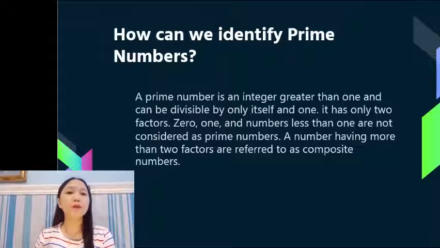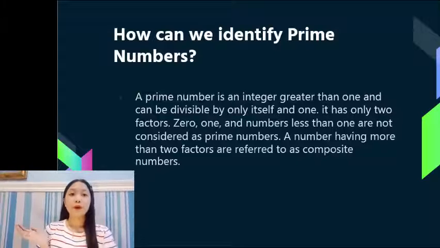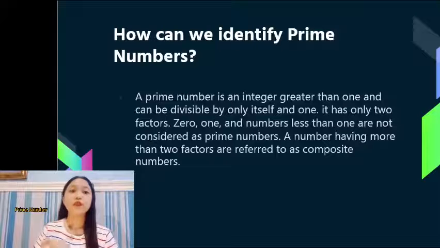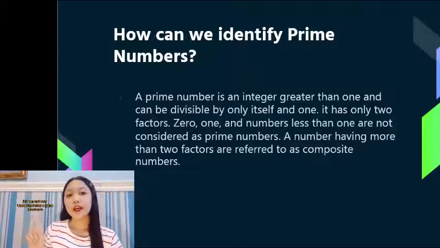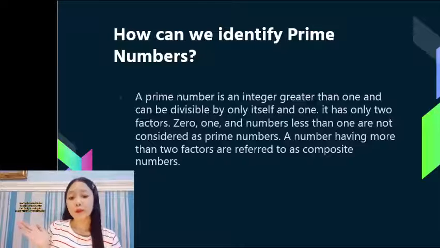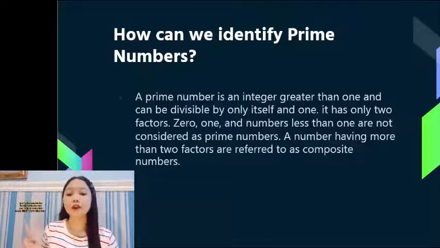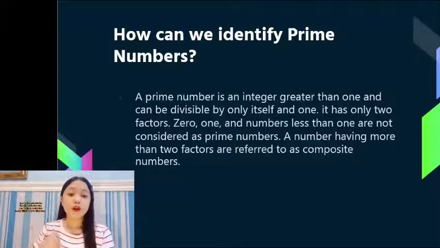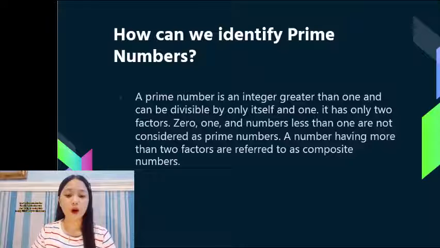A number having more than two factors is referred to as a composite number. It is fun and easy to understand what a prime number is. Every prime number has exactly two factors, 1 and itself. So, each prime is only divisible by itself and 1.